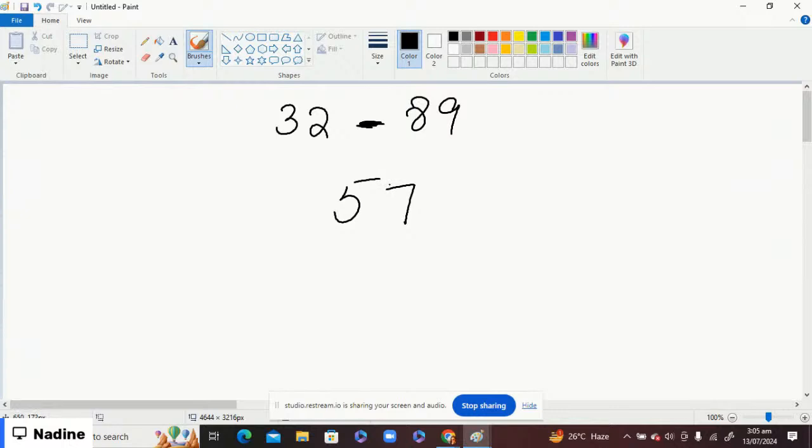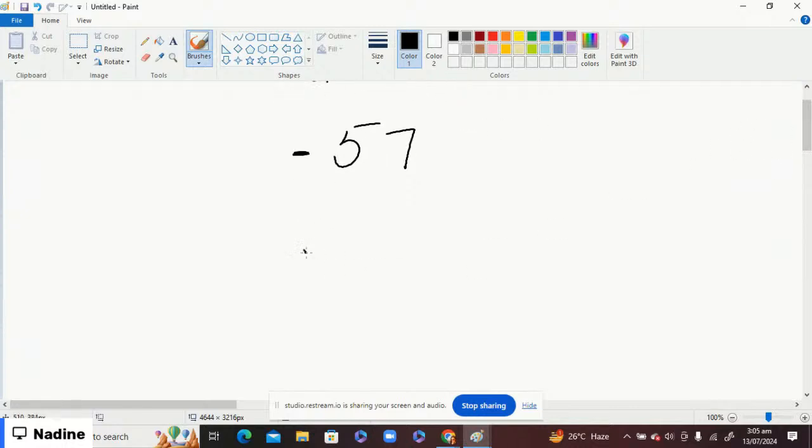You are going to subtract, but you put the sign with the greatest number. So check which number is greater here, 32 or 89. As we see, 89 is greatest, and with the 89 it's a negative sign, so you put the negative with it. If the question was 89 minus 32, the answer is the same, 57, but you put the sign with the greatest number.